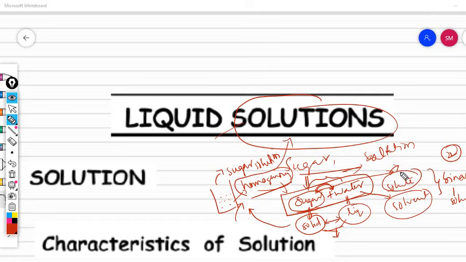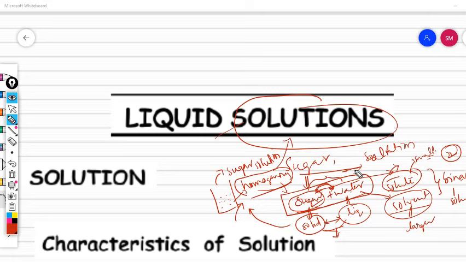As the sugar is going to dissolve in the water, which is in large quantity, that's why sugar is said to be solute and water is said to be solvent. So the larger quantity is the solvent and the smaller quantity is the solute. Okay. So now you got the idea of solution.